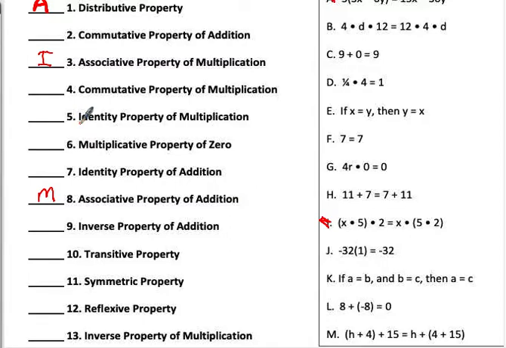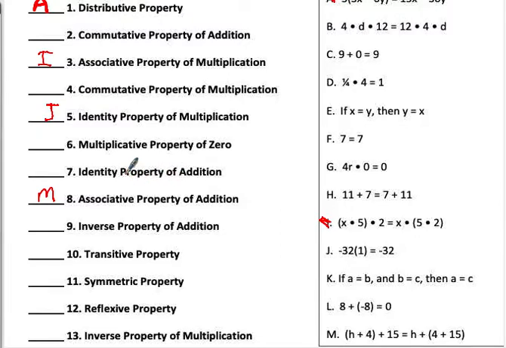Let's think about another couple. I think another one you should be able to pick out fairly easily might be identity properties. Okay, identity property of multiplication. What number do I multiply by to find the identity property? You have to multiply by 1. So find something that's multiplying by 1. J. Okay, negative 32 times 1 equals negative 32. That's the identity property of multiplication.